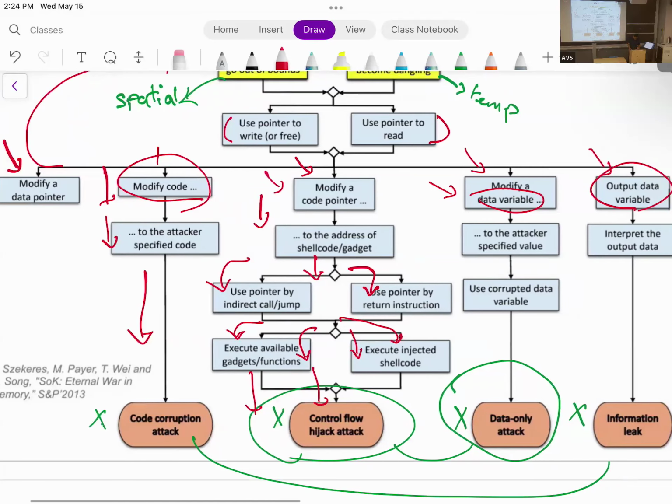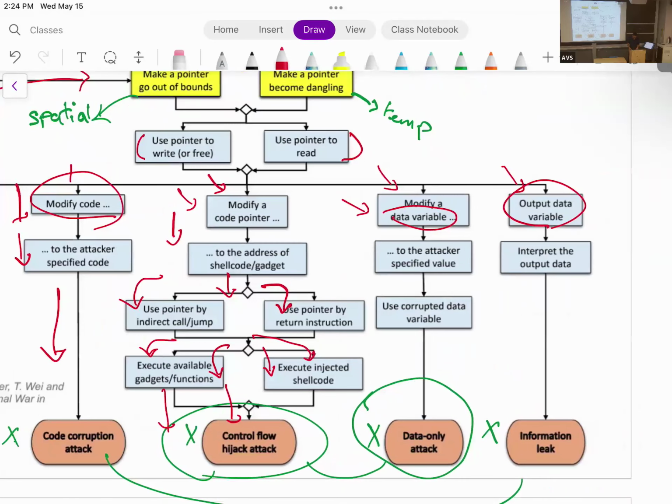Okay. And then in the right half of this figure, one can modify a data variable to the attacker specified variable, and use that corrupted data variable to do some form of data-only attack. Same thing could happen for the output data: you corrupt a particular output data, and that output data would be interpreted by the adversary in order to leak some information.